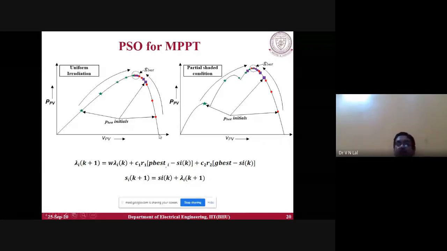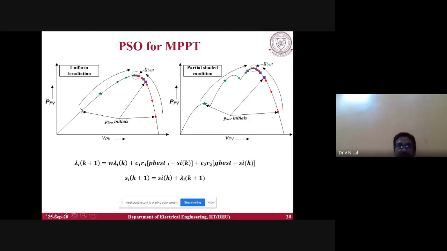Initial. So what is the initial P best? It will obviously be 60% of this voltage, 80% of this VOC, 85% of this VOC. Some initial velocity is given, and according to that initial velocity, this formula is used.